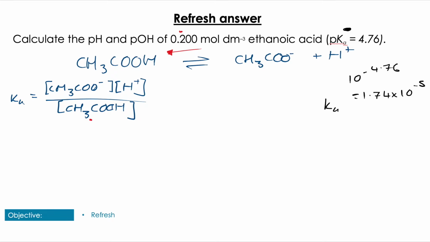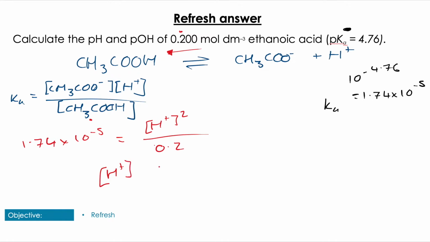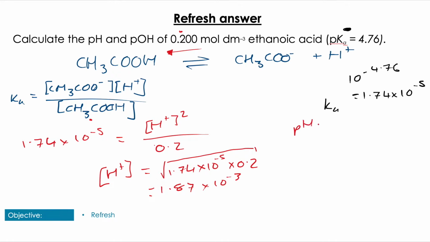so that's going to give me a Ka of 1.74 times 10 to the minus 5. And now I've got that value, I can do that equals [H+] squared, because my two are going to be equal, over the 0.2. Then I'm going to do 1.74 times 10 to the minus 5 times 0.2, all square rooted. It's going to equal the H+ concentration, which is 1.87 times 10 to the minus 3.